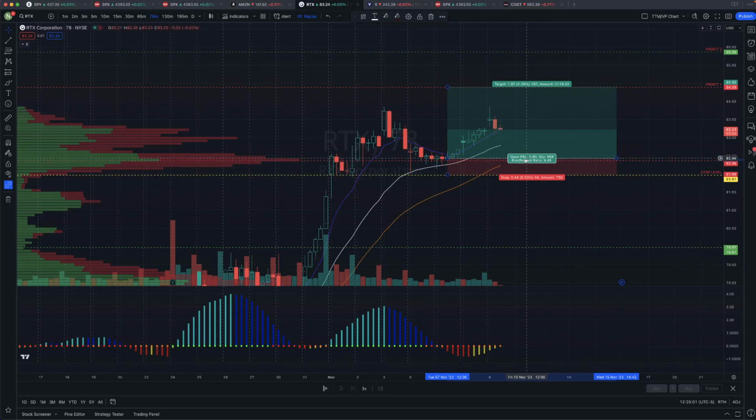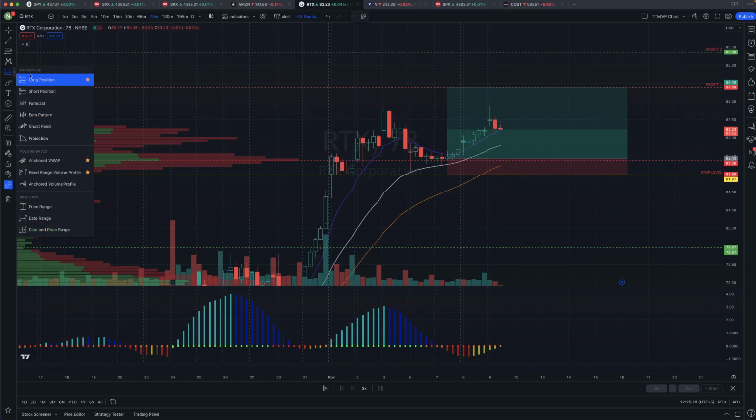I'm trying to see. It says open P&L 0.80. So I don't know. What are we up? 80 cents? Yeah, roughly. So then it'll just keep that going, and then you can just wait for it to hit your profit target or you exit. It's pretty cool. I don't know what it's called. It's just this, long and short position in projections.